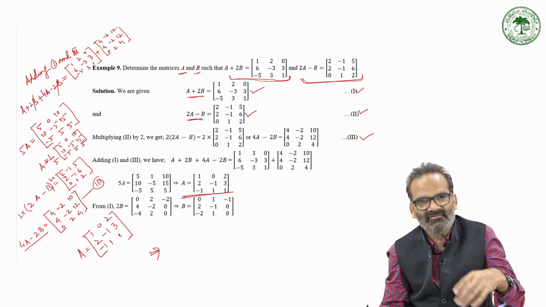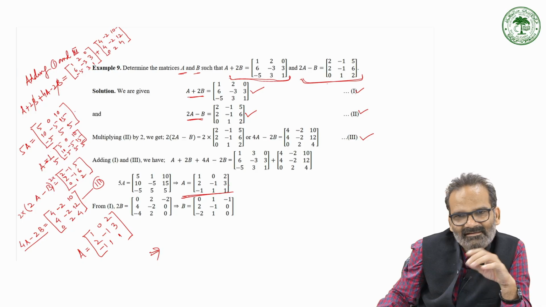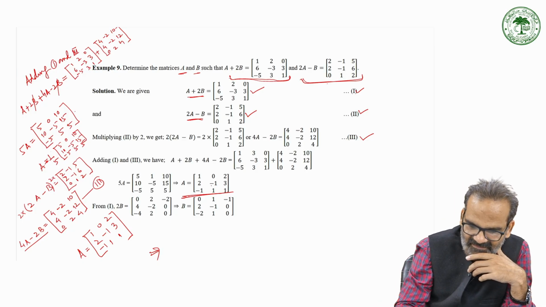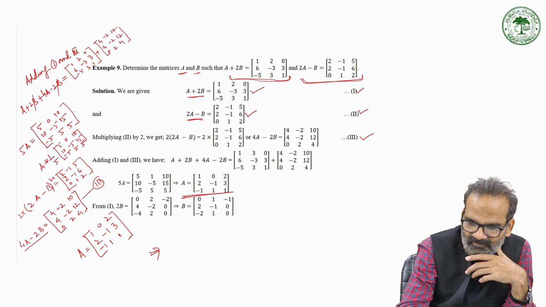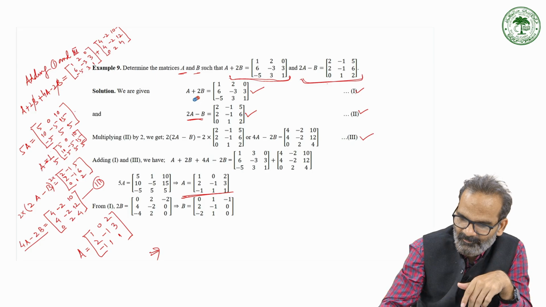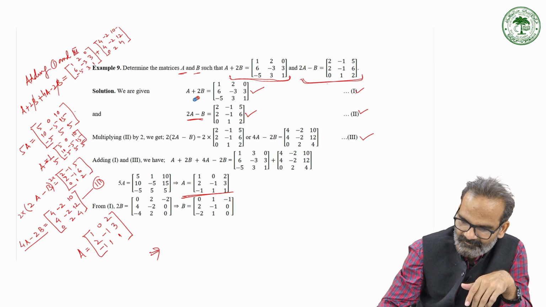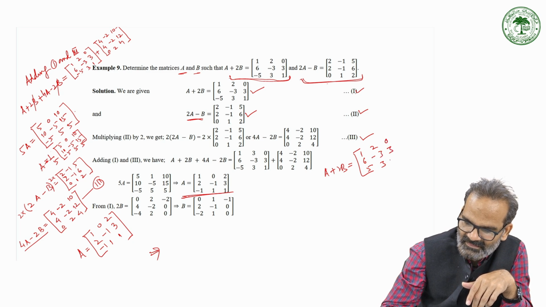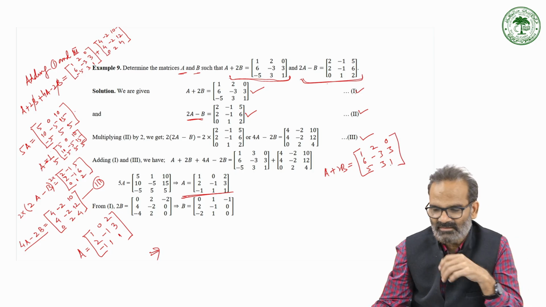So once we have obtained the value of A, how can we find the value of B? From equation 1, what is equation number 1? A plus twice B is equal to 1, 6, 5, 2, minus 3, 3, 0, 3, 1. This is equation number 1.